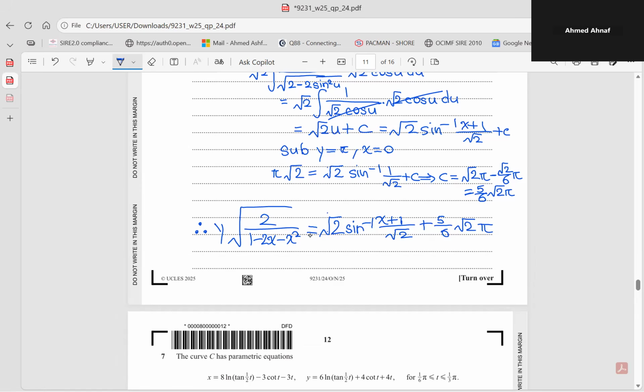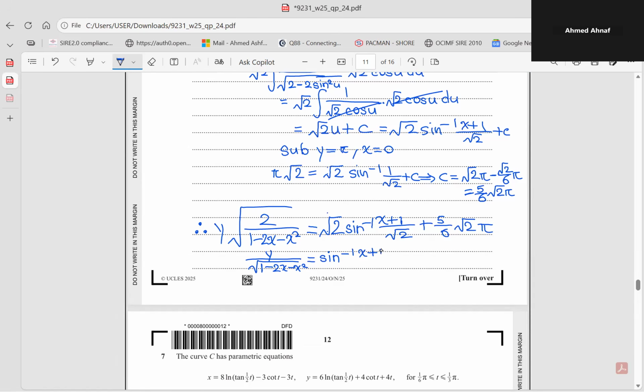And if you want, you can simplify it to just y over square root 1 minus 2x minus x squared equals sine inverse x plus 1 over square root 2 plus 5 over 6 pi.